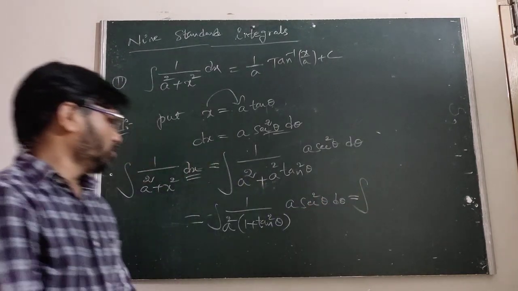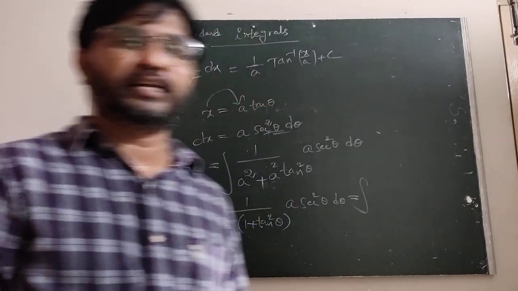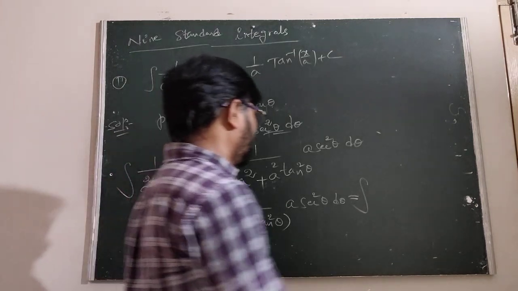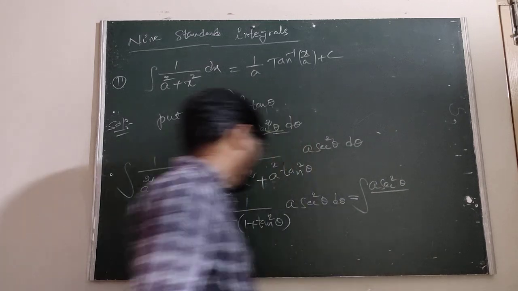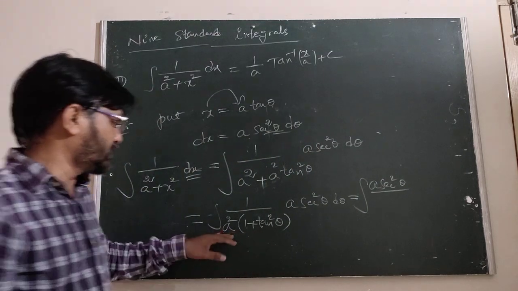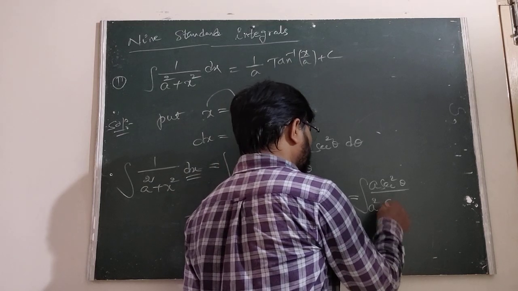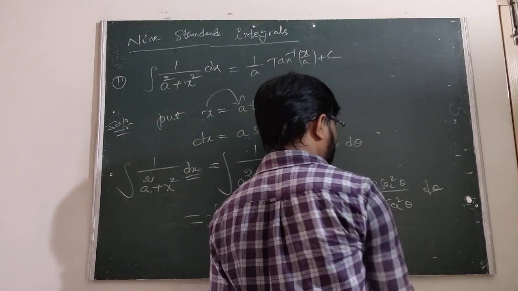We know that 1 plus tan square theta is secant square theta. That is a into secant square theta by a square into secant square theta, d theta.